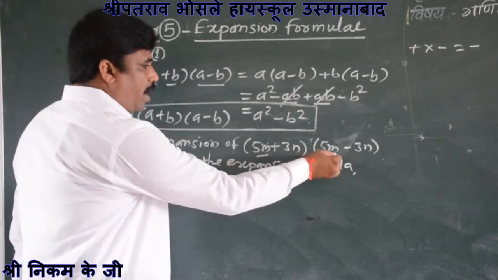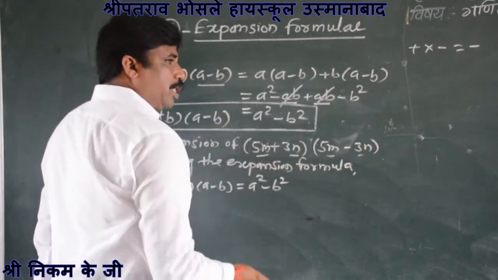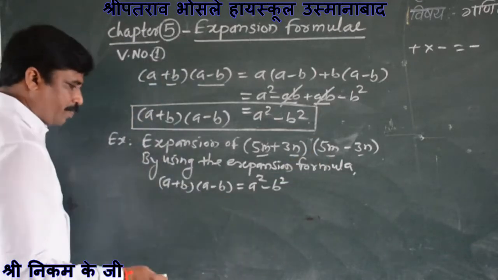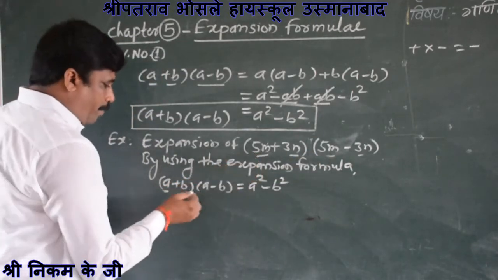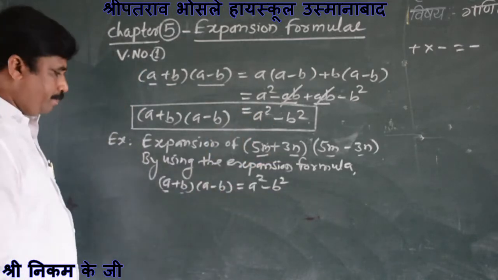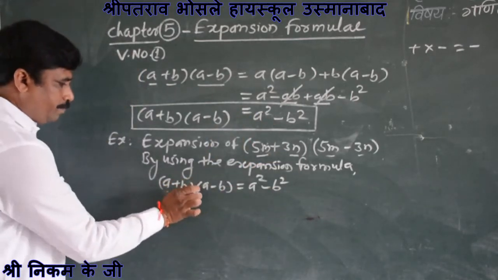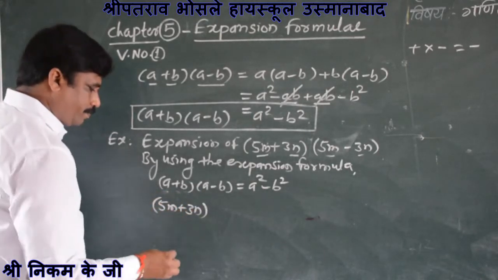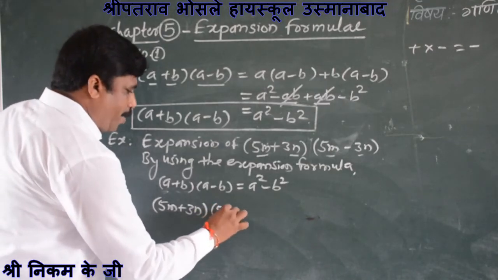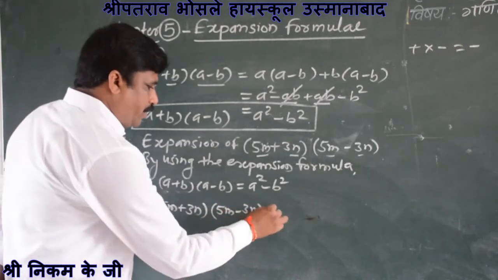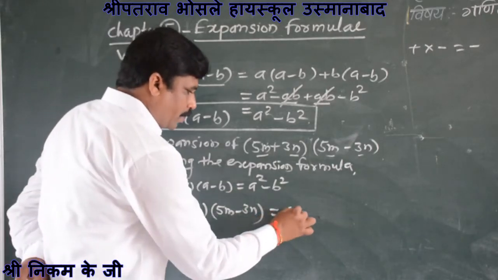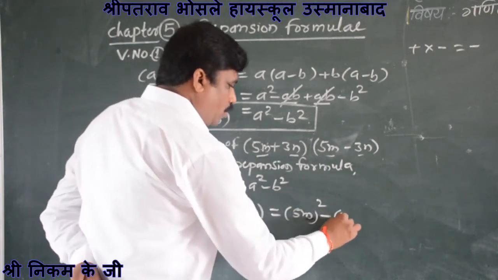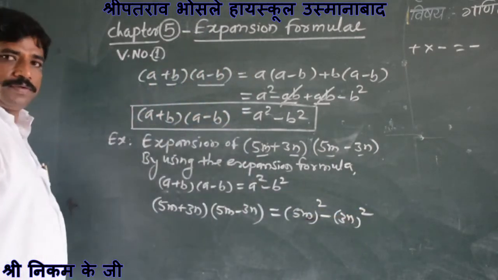Here the first terms are the same and the second terms are also the same, but the sign is opposite. Here, in the two polynomials, a is equal to 5m and b is equal to 3n. Putting the values, substitute 5m plus 3n into 5m minus 3n, which is equal to a is 5m, bracket square, minus b is 3n, bracket square.